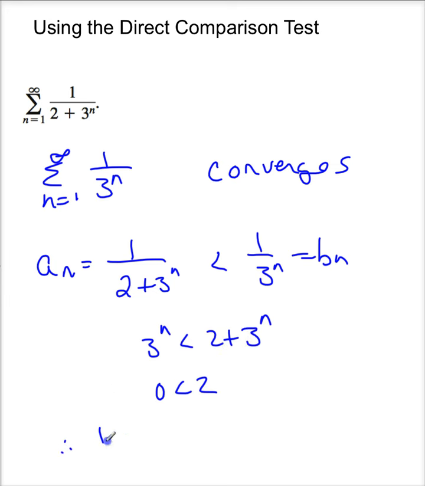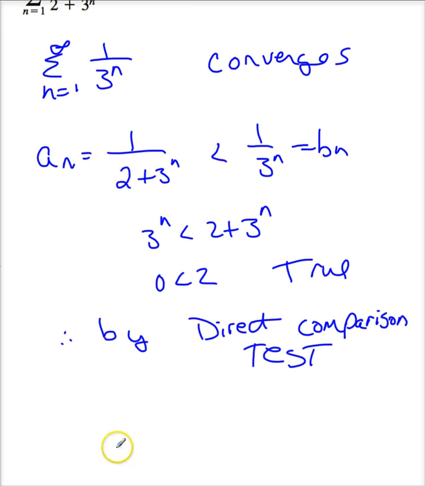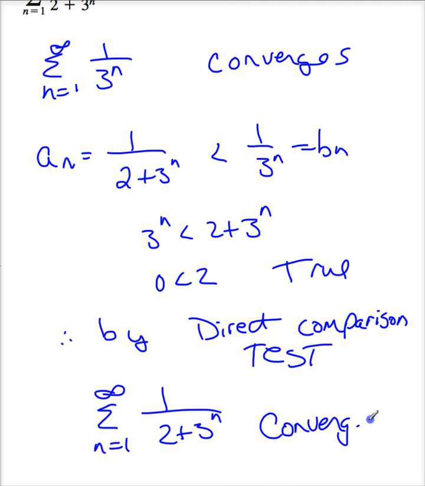Therefore, by the direct comparison test, the sum as n goes from 1 to infinity of 1 over 2 plus 3 to the n converges. Note, I can't tell you what it converges to. I can just say it converges.